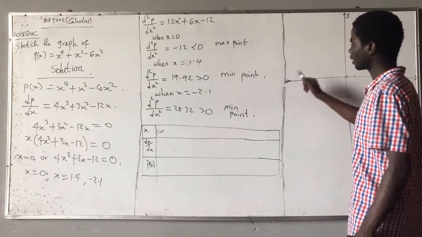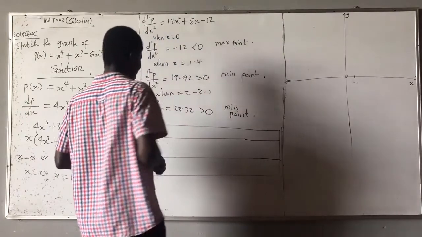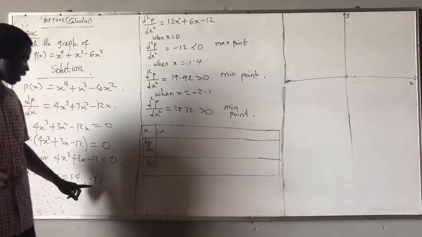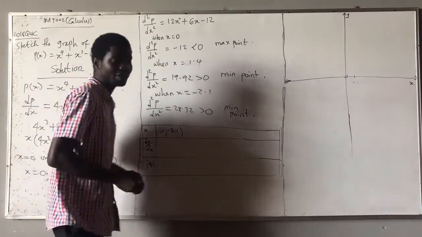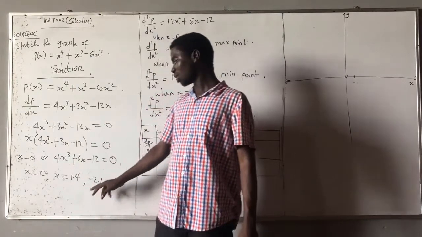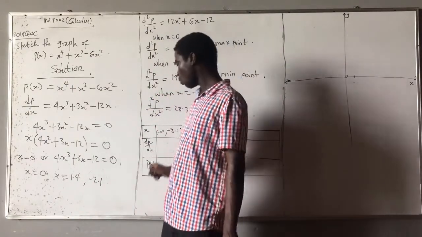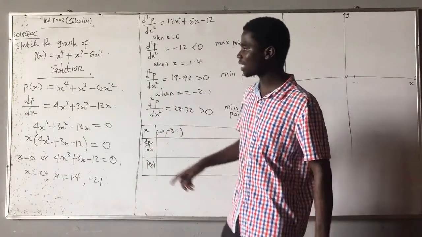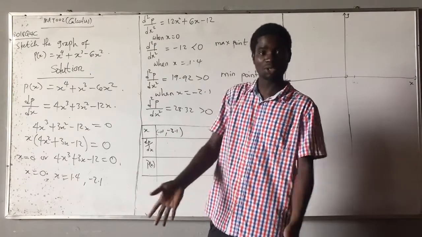Now, you will tell me what is happening between minus infinity and minus 2.1. This is a specific point you need to take note of, which is why you need to take note of these stationary points. So between minus infinity and minus 2.1, what is the PDS? Pick a number between minus infinity and minus 2.1, let's say minus 100.